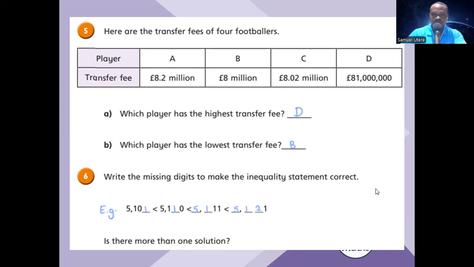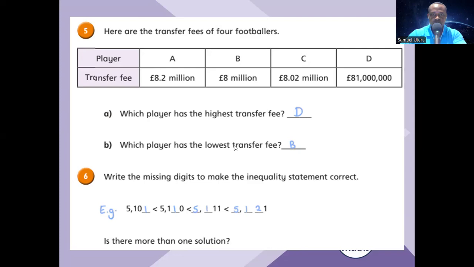Have you noticed that we are calling these symbols by another name, inequality? So take note of the name we have called it, inequality. So they are inequality symbols.